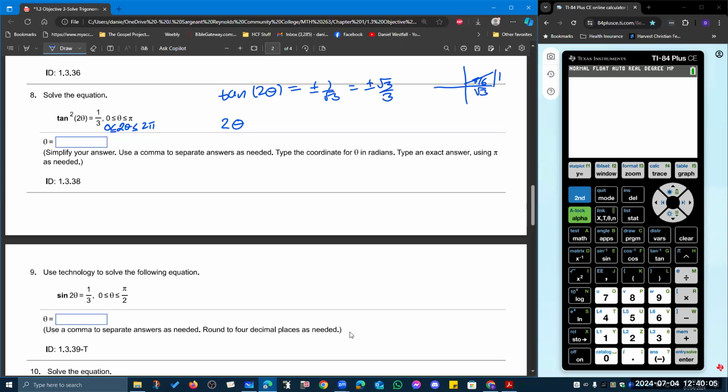And so that's going to be pi over 6, 5 pi over 6, 7 pi over 6, and 11 pi over 6. So theta is going to have to be pi over 12, 5 pi over 12, 7 pi over 12, and 11 pi over 12.